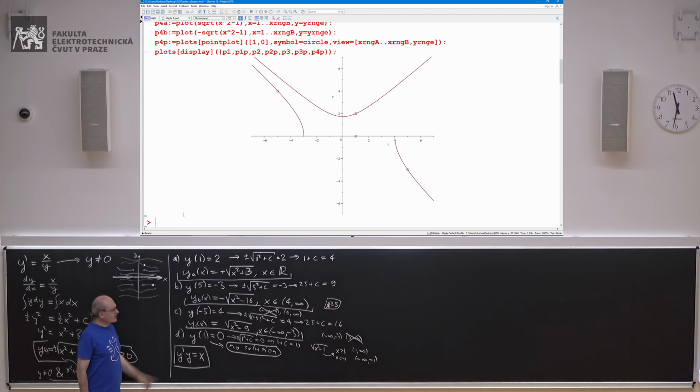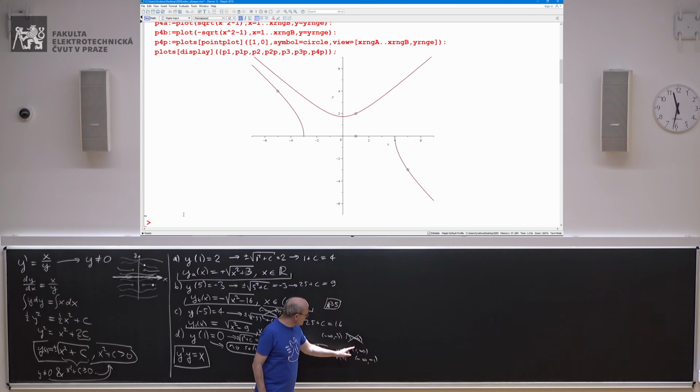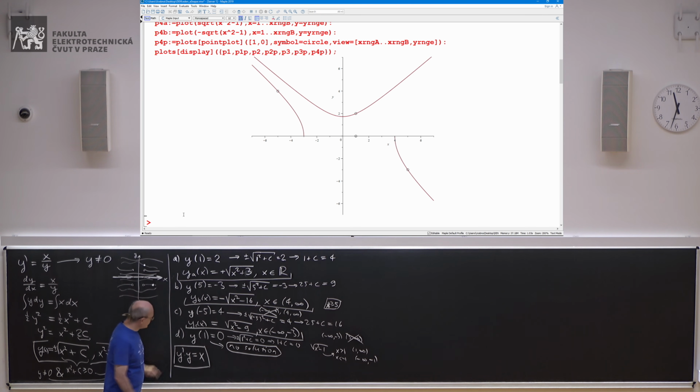The largest difference comes here, because if I allow y to be 0, then I am no longer forced to take open intervals here. So for this equation, with this initial condition, I suddenly solve the problem, find c, and I end up with a formula like that.